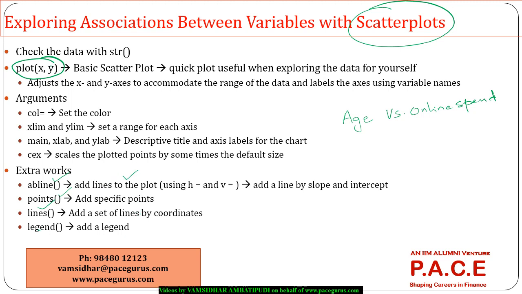When I'm saying lines, it's adding a set of lines where I'm giving my coordinates. And when I'm saying legend, it's adding a legend. So these are all extra functions that I can give to an existing plot itself. Right? All right. Then let's move forward.